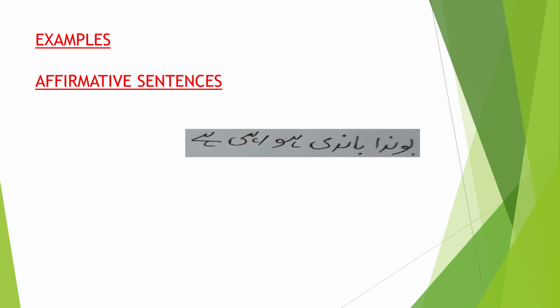This word boonda baandi, what you need to do is that first of all you have to recall the vocabulary of the given words. Boonda baandi, drizzling. And if you look at the sentence, rahi hai, ho rahi shows action, ongoing action. So when we change this using rules, it will become it is drizzling.